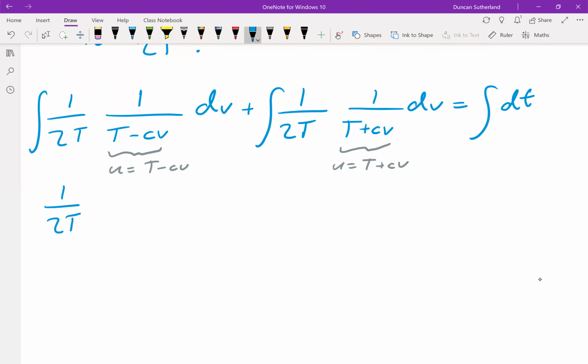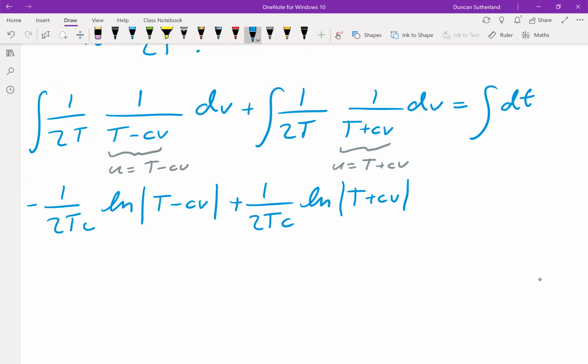I'm just going to be really careful. And take the shortcut. So we get a C from there when we integrate, and we get a minus sign as well. And we've got some constant of integration C0.